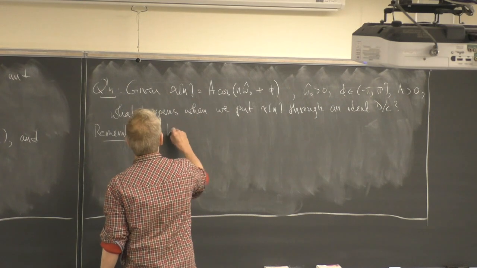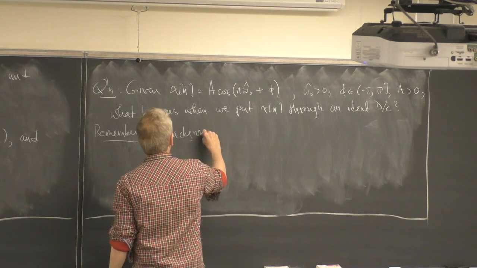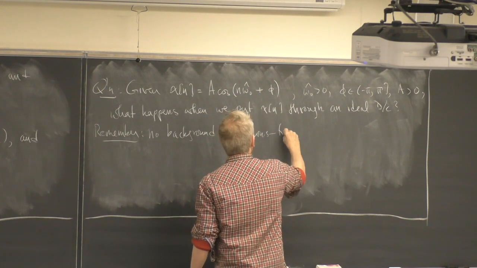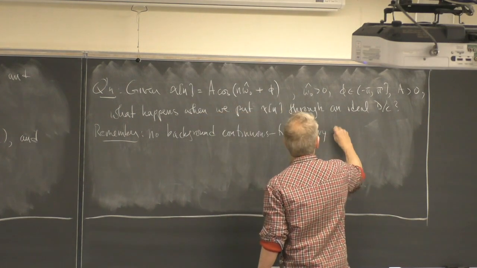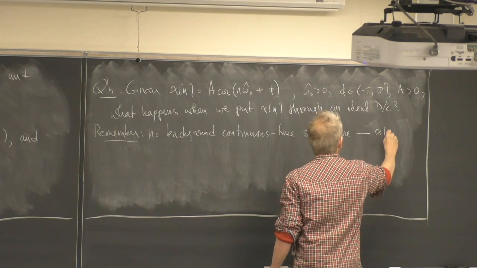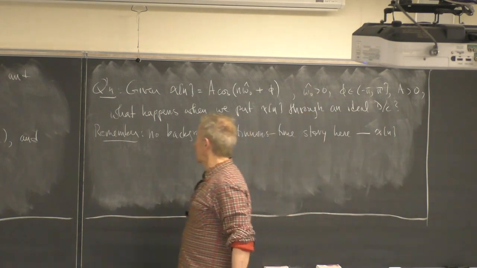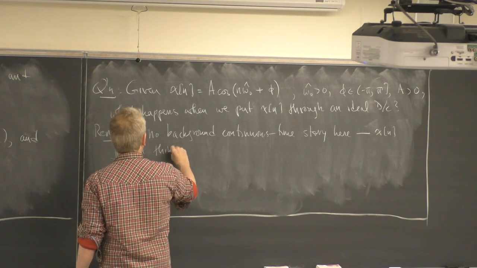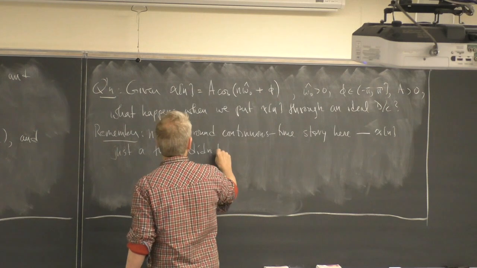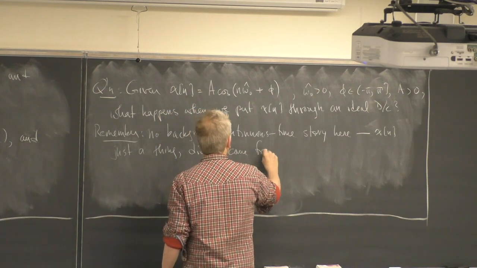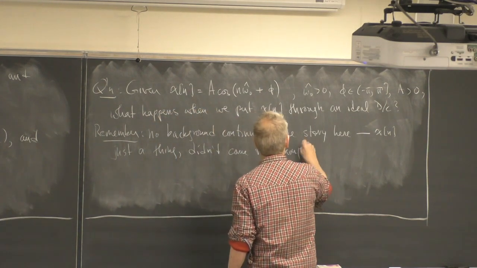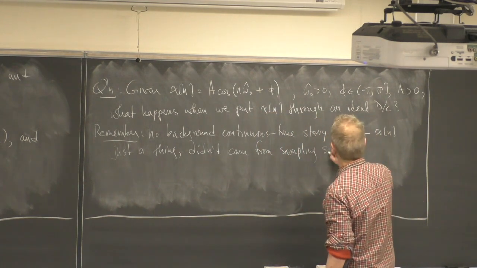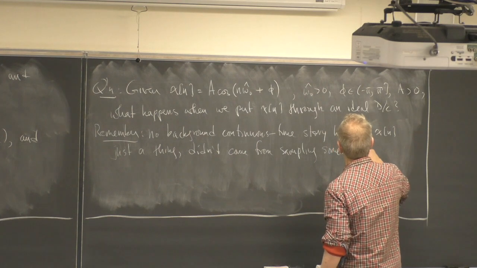So there's no background continuous time story here. This x of n is just a thing unto itself. It didn't come from sampling some continuous time signal, just found under a rock.